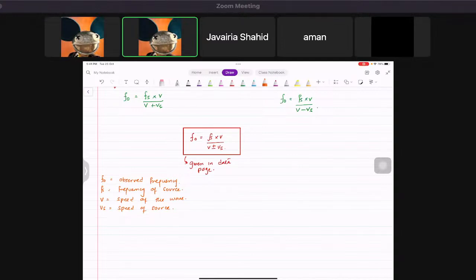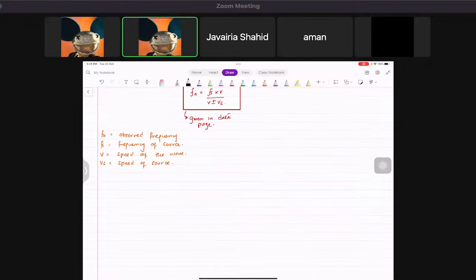Now let's try and do one sort of question, and I think you guys will be able to do it. So I'm going to give you this. It says, warning signal of an ambulance has a frequency of 600 hertz.